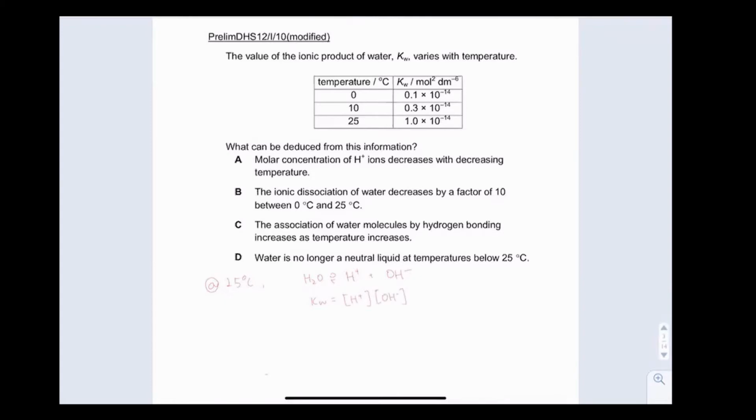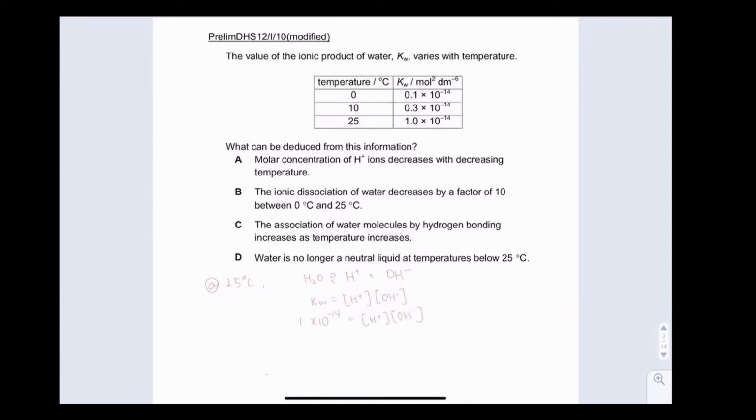So over here, at 25 degrees Celsius, what is the concentration of H plus ions there? The Kw is 1 times 10 power negative 14, which is equivalent to concentration of H plus times concentration of OH minus.